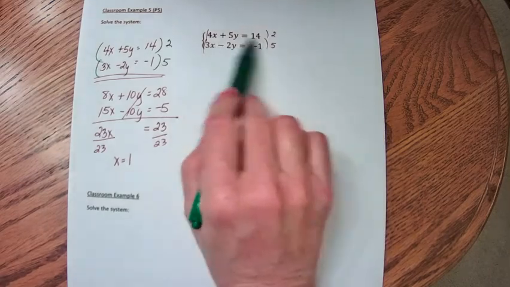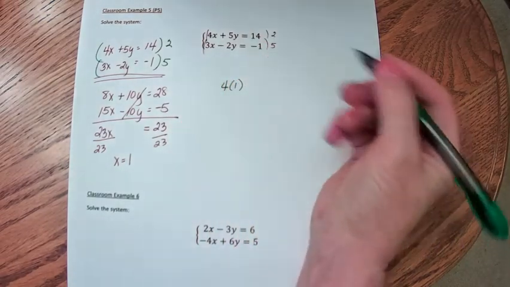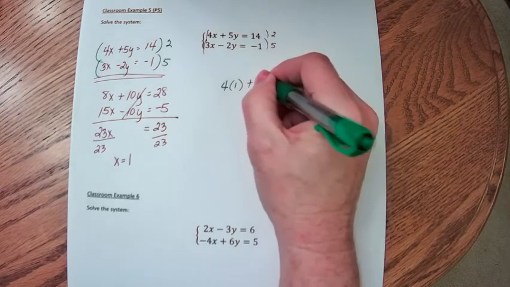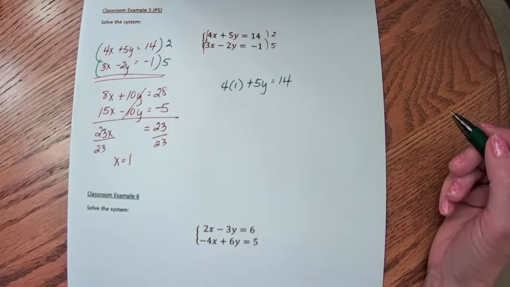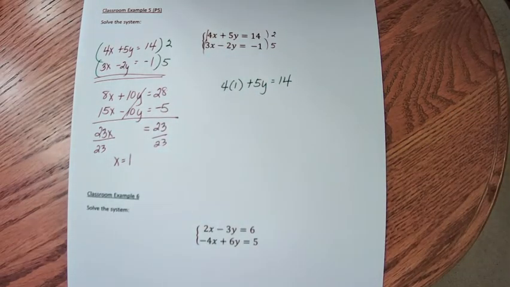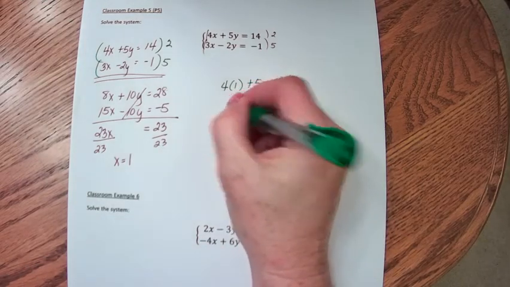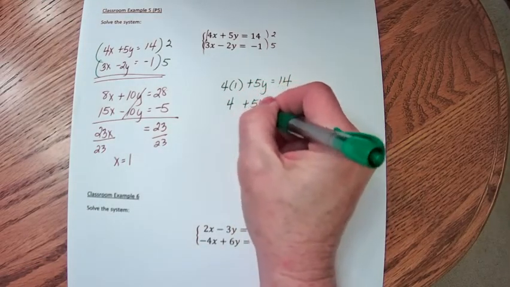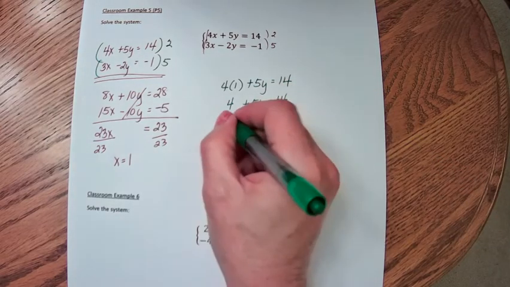So now I go back to either equation and substitute in a 1 for x to find my y. Here I picked the first equation. 4x plus 5y, and I substituted the 1 in for the x. 4 times 1 is 4 plus 5y equals 14.